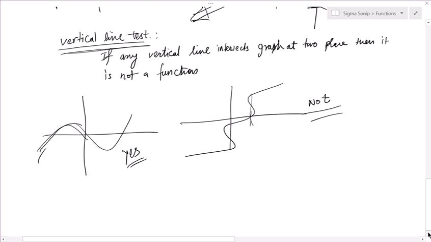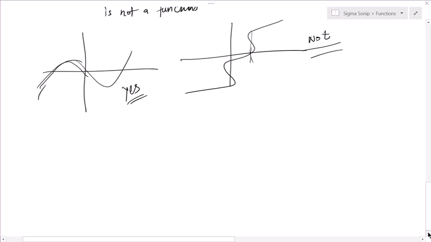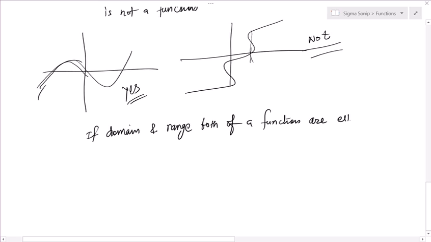One last thing to cover before I close. If the domain and range both of a function are either real numbers or a subset of real numbers, then we call it a real function.